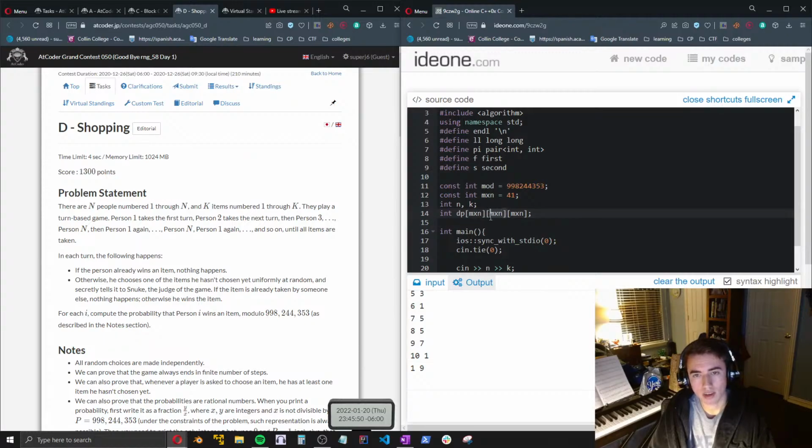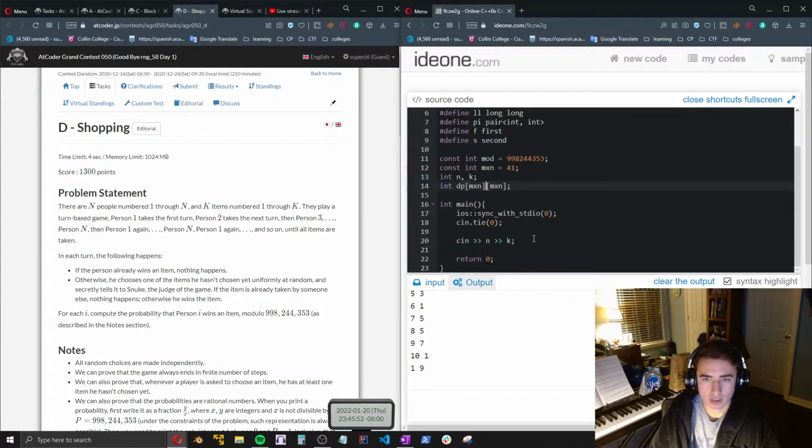I don't know why we have it. I don't know why max n is so small. It should be O(n) squared, cube, something. So our state is how many things are left, and what index we are.